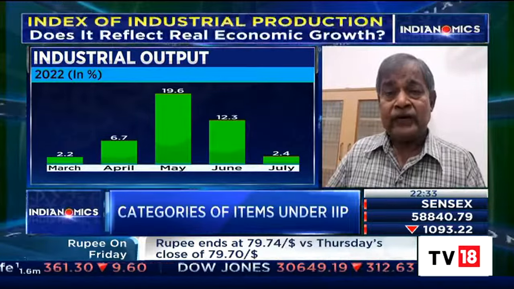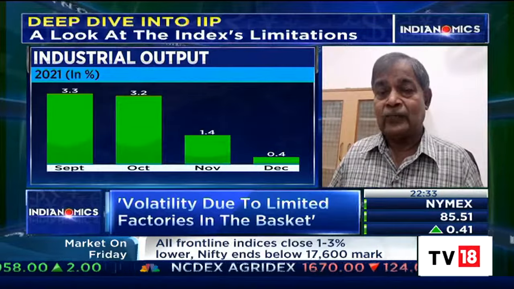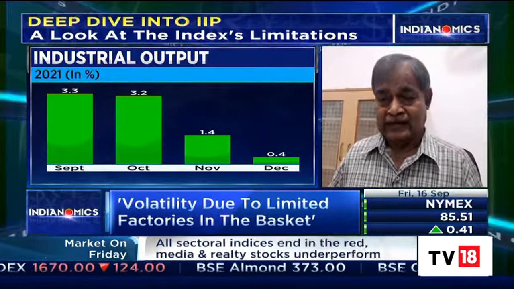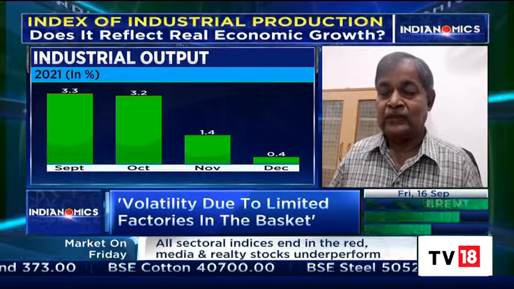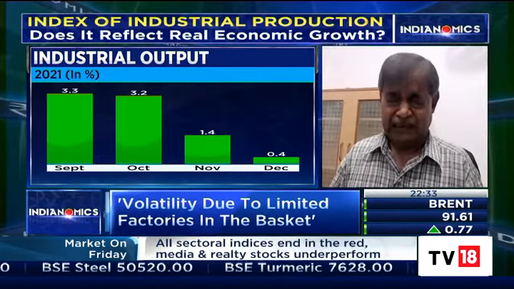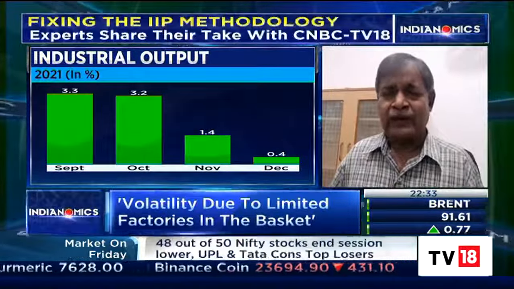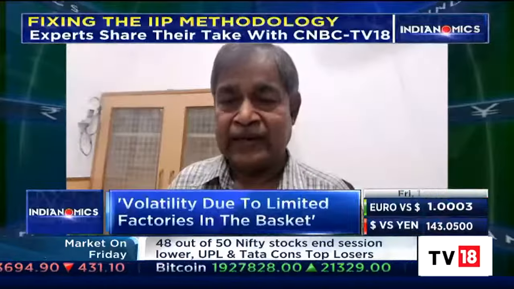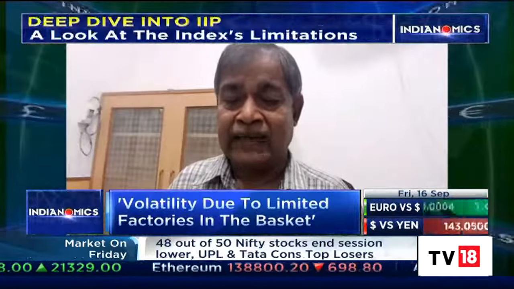Since only a small number of factories are reporting output data on a month-to-month basis, we take that as the total output of the selected factories in the current month, and we take the production relative to the total contribution by those sample units in the base year.